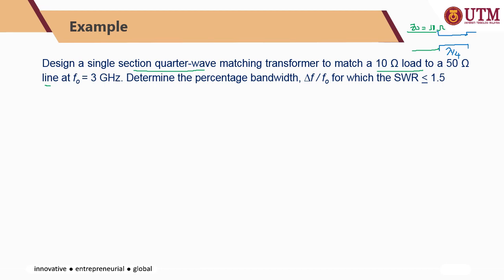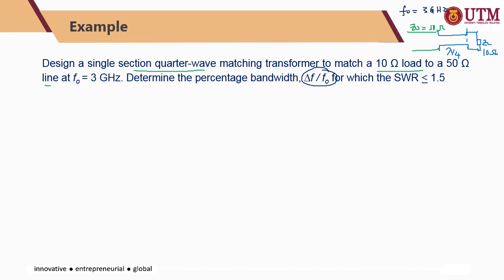So now it goes into the load, ZL equal to 10 ohm. The frequency of operation is 3 gigahertz. The question asks you to determine the percentage of bandwidth that can be provided by the designed matching transformer.